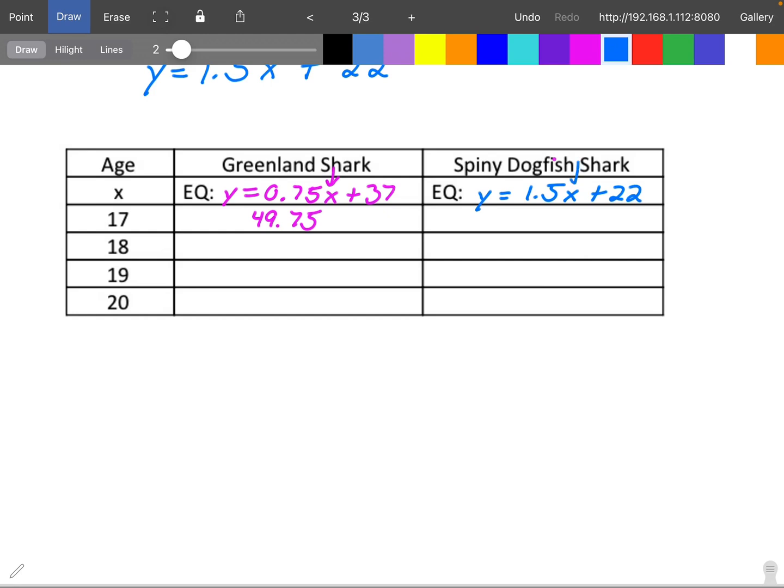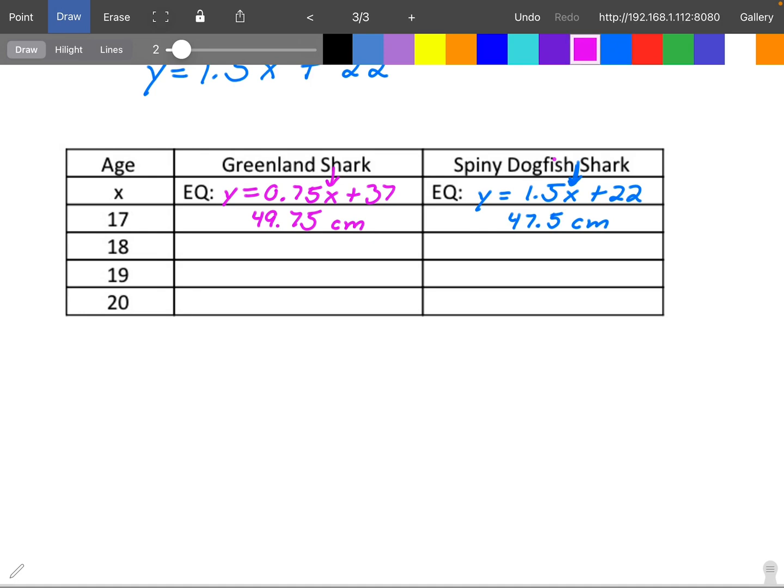Okay, let's go ahead and take 17 and plug it in here. Because if they're the same at 17, I don't really need to go any further. So if I take 17 and I plug it into my second equation, that's 1.5 times 17 plus 22, and that's going to give us 47.5. And these are measured in centimeters. This is the length of our shark.